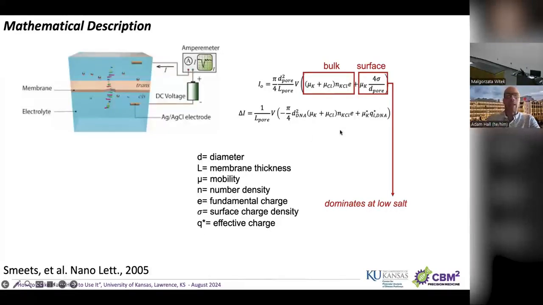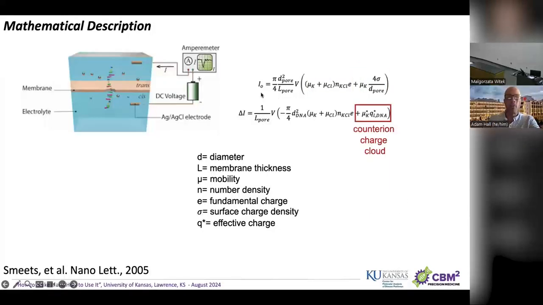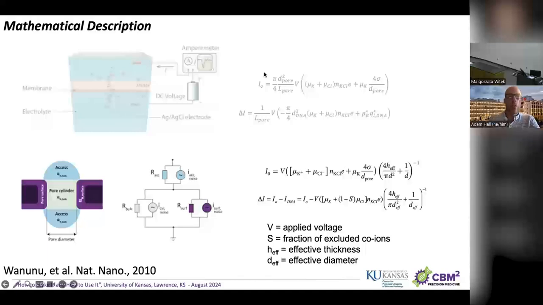Okay, so as I said, this is the first approximation. So it's actually, believe it or not, a simplified version of our understanding of both of these variables. If you want to look at the more updated version of that, this actually takes into account what I mentioned before, the electric field stretching out into the solution on either side of this opening. This happens in a region called an access region, which is labeled right here and right here.